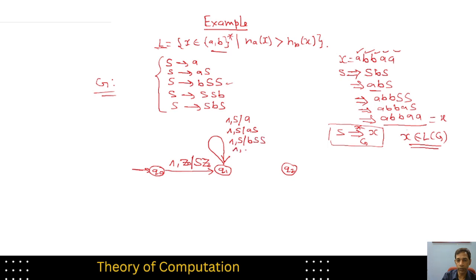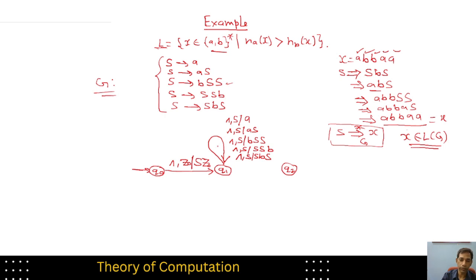Input is null, top of the stack is S, and S can be replaced with SSB. Input is null, top of the stack is S, and S can be replaced with SBS. So these are the 5 production rules we have. For the S we have the 5.